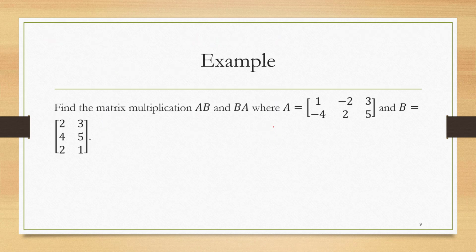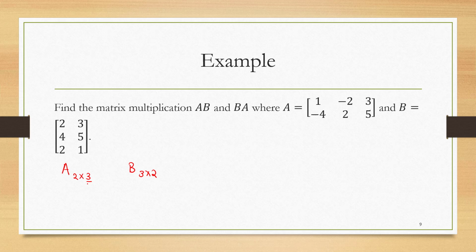Find the matrix multiplication AB and BA where A is given to be 1, minus 2, 3, minus 4, 2, 5 and B is given to be 2, 3, 4, 5, 2, 1. So first of all, observe, is AB defined or not? The order of A is 2 cross 3 and B is 3 cross 2.